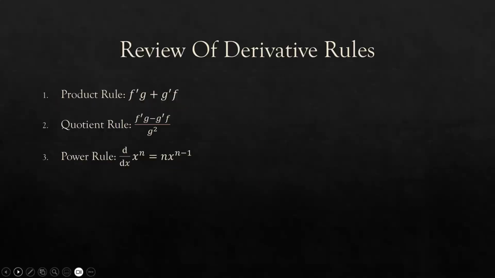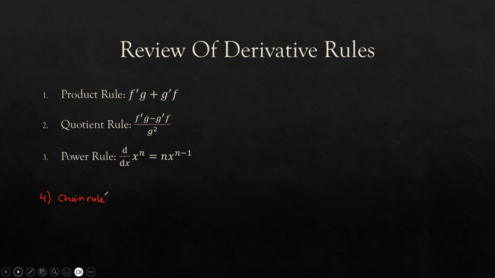Okay, so there are some derivative rules that we have to go over because we'll use these. This first one is the product rule, f prime of g plus g prime of f, quotient rule, and then the power rule. And then I didn't write it down on here, but you also have to know the chain rule because we will use it.